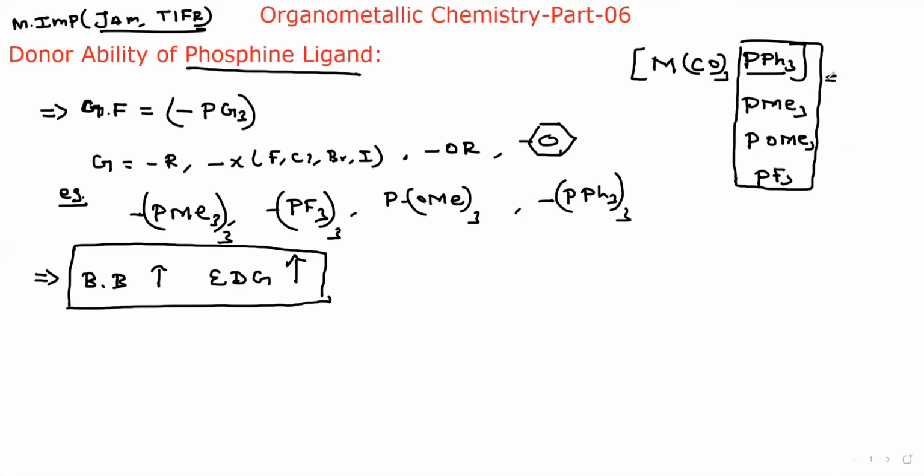Based on this property, the electron density on the metal atom can change. Whenever the electron density changes, the back bonding is affected. If the metal electron density increases, the back bonding to CO increases. Similarly, if the metal atom has less electron density, the back bonding decreases. This group can influence the back bonding of the CO ligand.